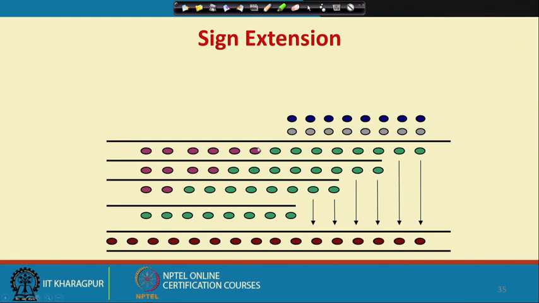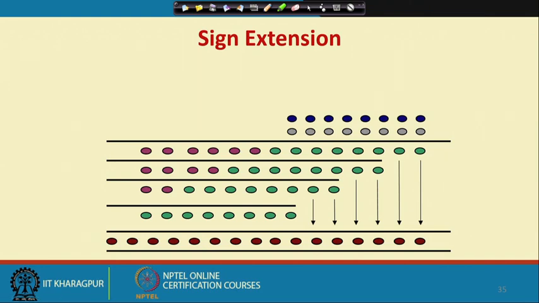But what about these particular positions? If I fill all of these with 0, then for the sign value, the results which I will get will be totally erroneous. So that is why I need the sign extension. Why do I need this sign extension?